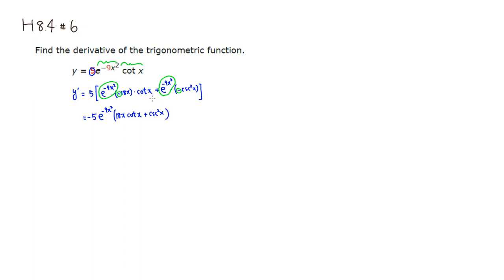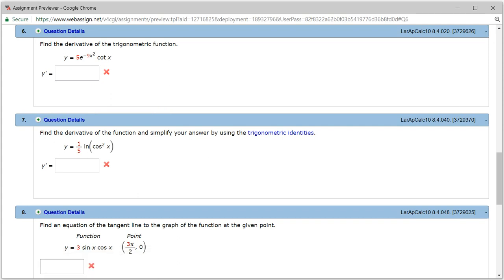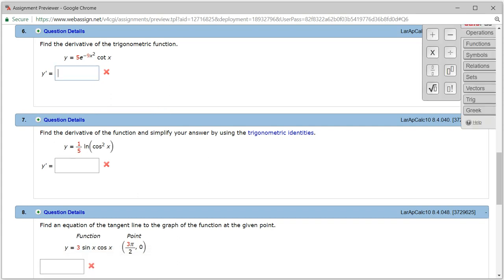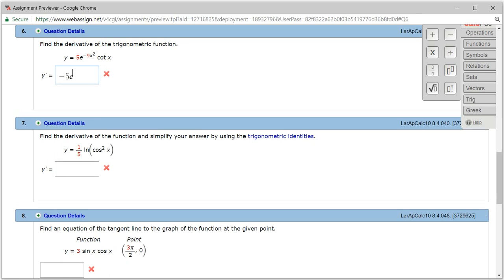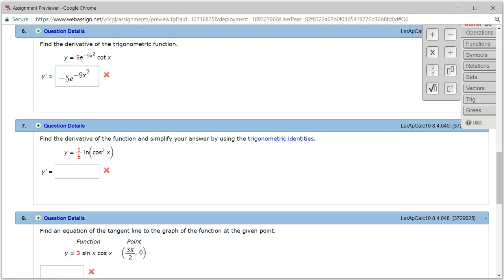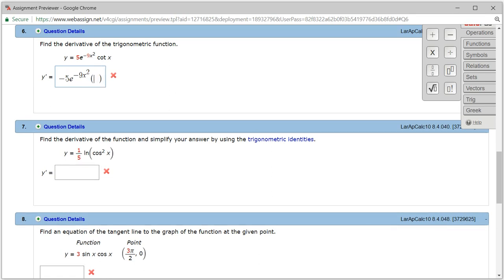All right. So let's check the answer here. So we have negative 5 e to the negative 9x squared, right? And then we're going to have 18x, right?